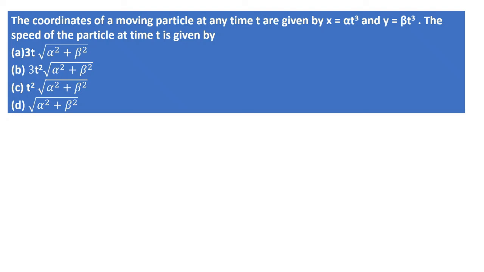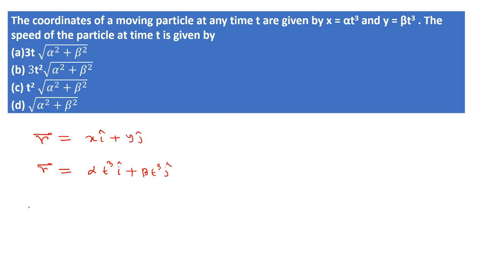We have the value of x and the value of y. So what will be the position vector? The position vector is denoted by r vector equals x i cap plus y j cap. So the r vector will be alpha t cube i cap plus beta t cube j cap.